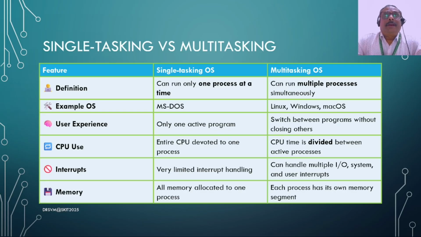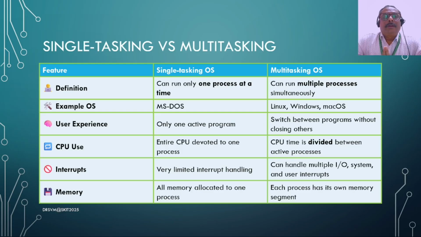We began the operating system with something called MS-DOS, disk operating system, which was designed by Microsoft and was quite famous. It was meant to process one process at any given time.